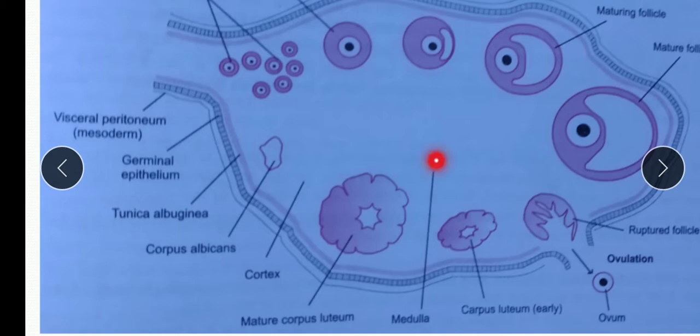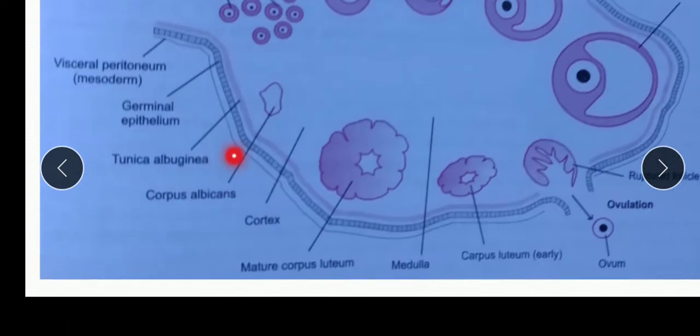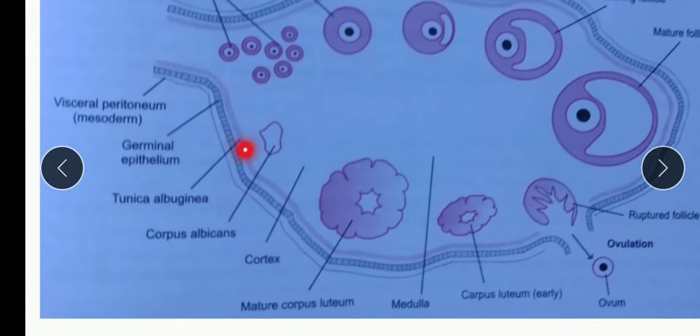Now the medulla contains spindle shaped fibroblasts. The cortex is further covered by a dense connective tissue known as the tunica albuginea. This cortex layer is covered by a layer made up of dense connective tissue, and this layer is known as the tunica albuginea.